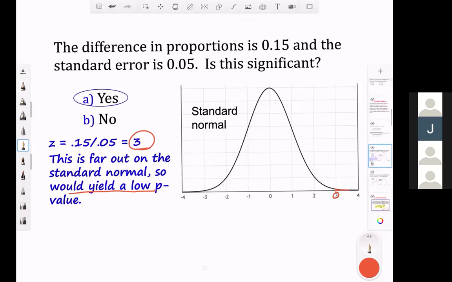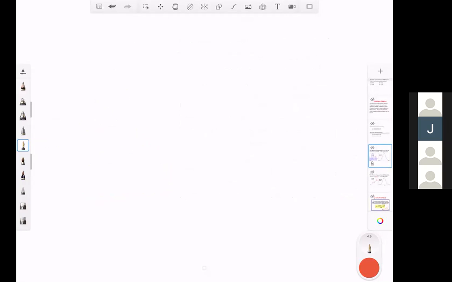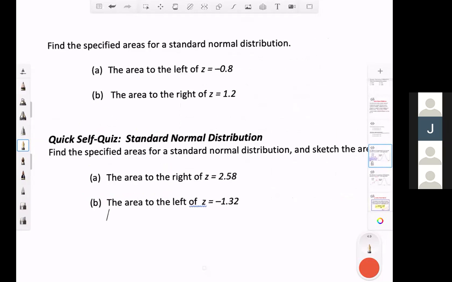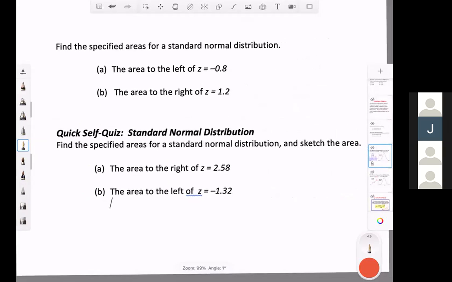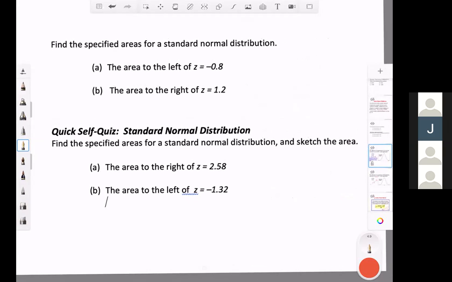So now let's have some examples. Find the specific areas for the standard normal distribution. So the standard normal distribution will be centered at 0, correct? 3 here, and 3 standard deviations there.